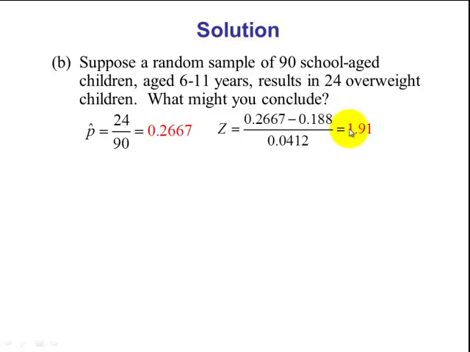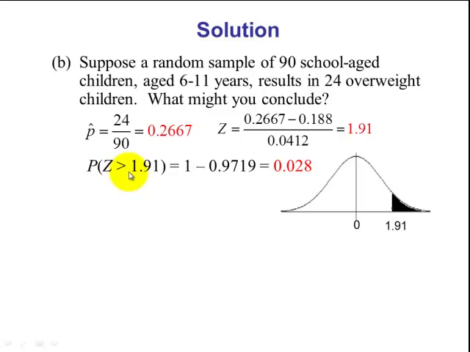We get a z-score of 1.91. So if we draw a picture, with 1.91, we want greater than. Using table 5, the probability that z is greater than 1.91 is 1 minus what's in the table, 0.9719, which is equal to 0.028.